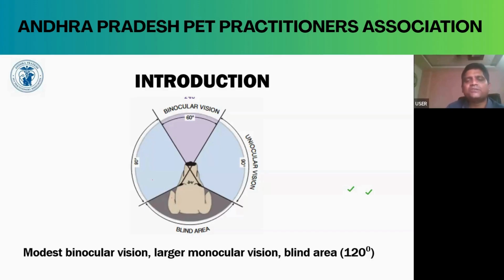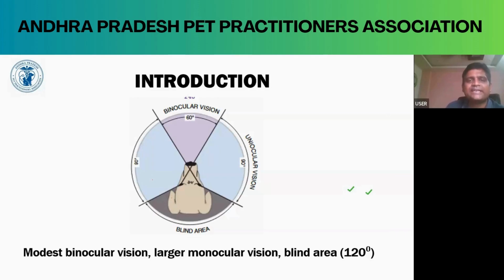A slight variation will occur with the breeds, depending upon the skull type, that is dolichocephalic and brachycephalic. But that is the thing whenever it comes to the vision. And coming to the vision, the other thing we have to notice is the rods and the cones. In canines, the rods are well developed when compared to humans.